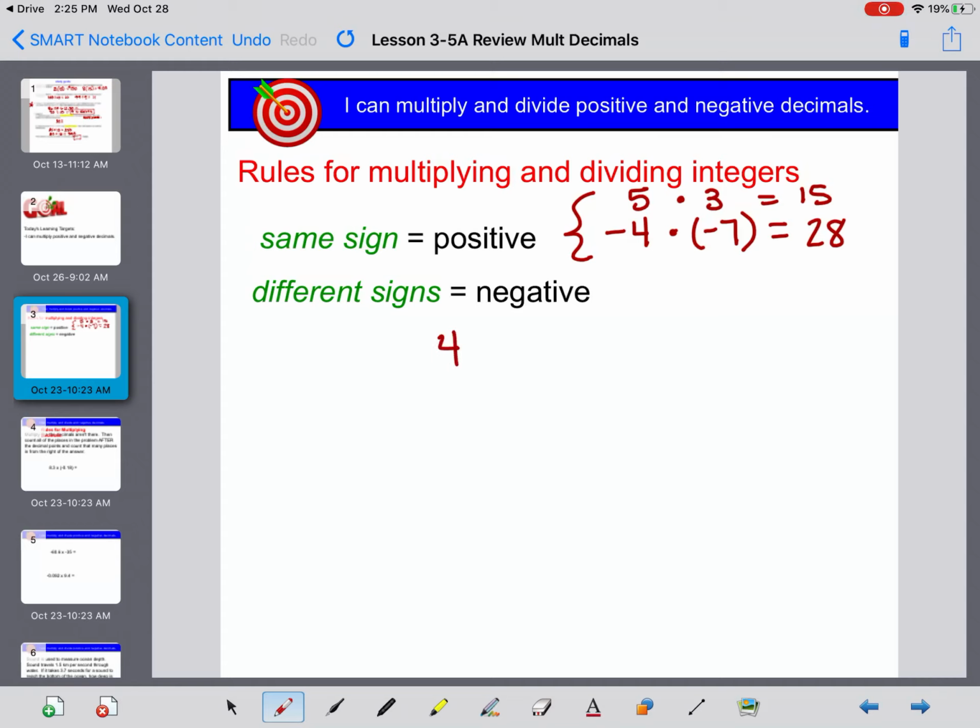Let's see, 4 times negative 7 is a negative 28. Or negative 5 times 3 is a negative 15. These are all review of what we learned in the first chapter of this textbook. So these are the different signs, negative answer. Same signs, positive answer. Take a minute, write that down.